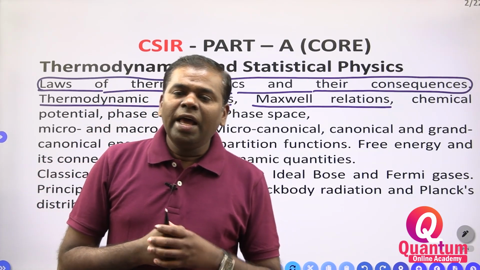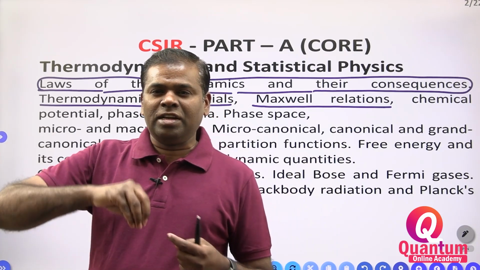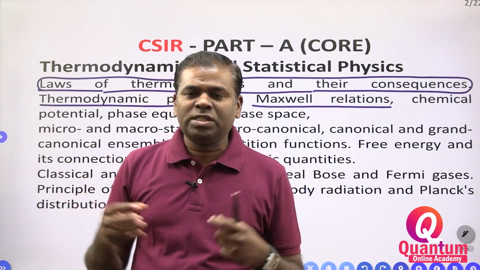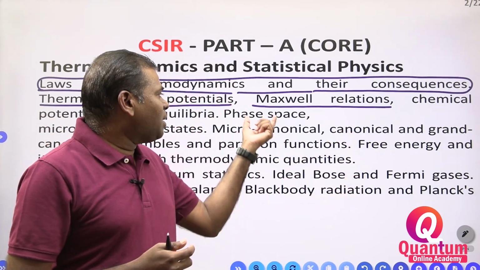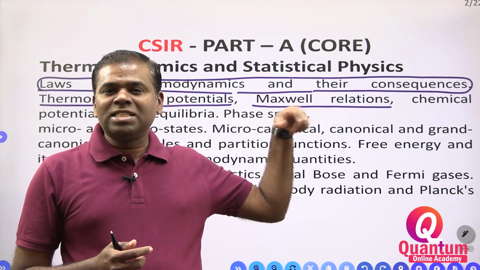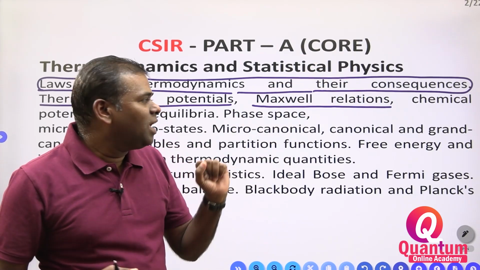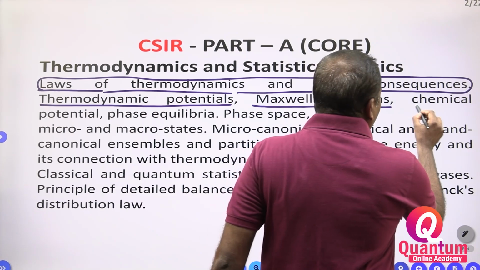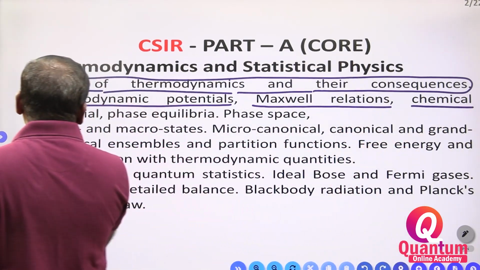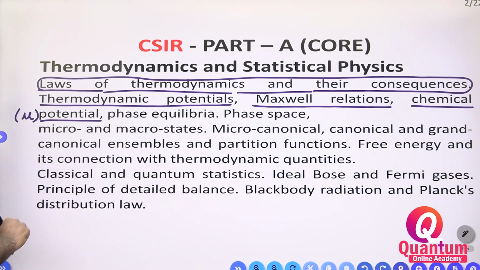In electromagnetic theory, the Maxwell equations give a relation between the sources and fields. Here, the thermodynamical Maxwell relations come from these energy functions. Next, chemical potential. The chemical potential symbol is mu.